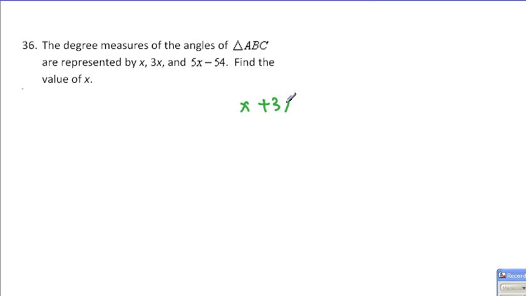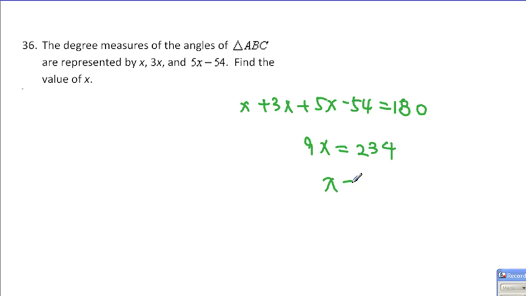X plus 3x plus 5x minus 54 must be equal to 180. Now 9x must be equal to 234. Then x must be equal to 26. That becomes our final answer.